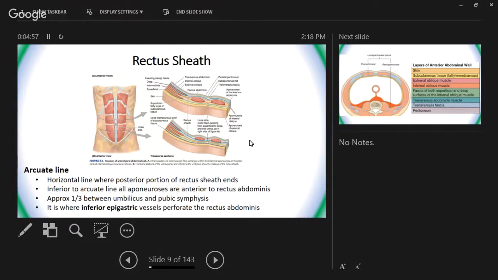Inferior to the arcuate line, there's none of that, so the only thing posterior to the rectus abdominis is transversalis fascia. Just remember it's harder to get abs inferiorly than superiorly because there's more covering. Cool. Any questions?